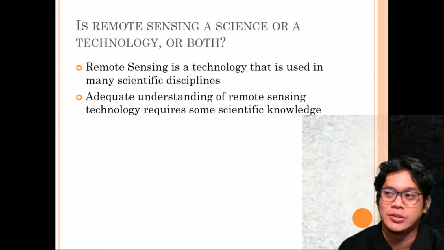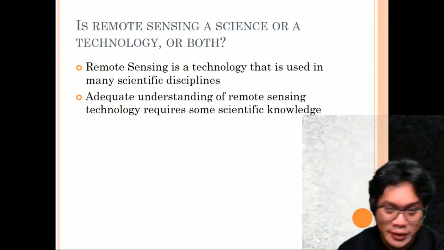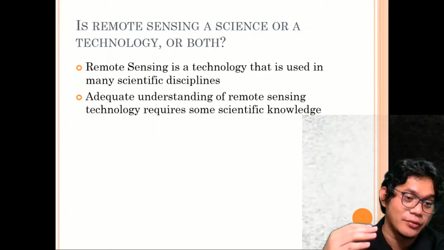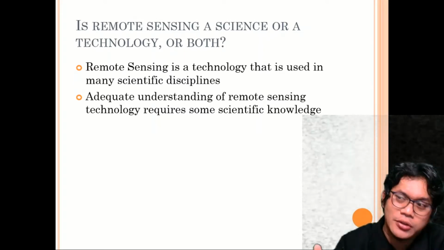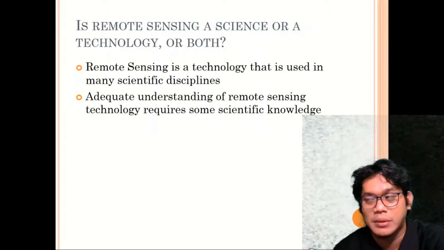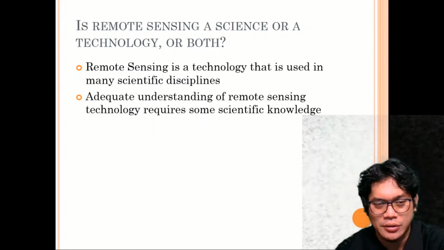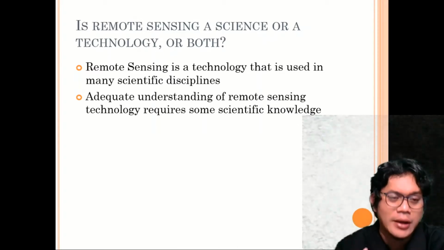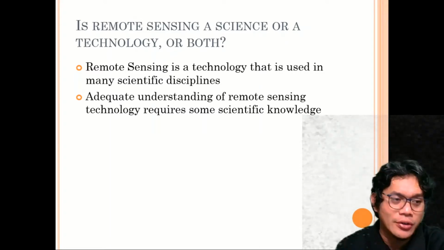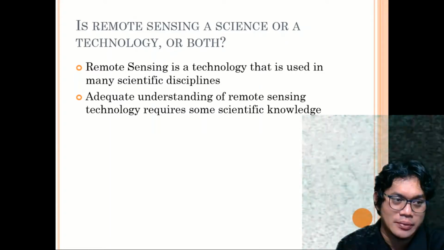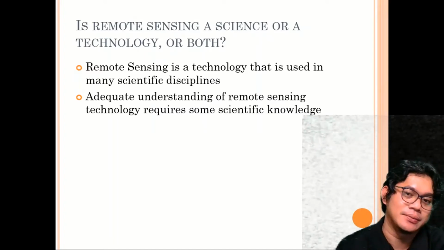Adequate understanding of remote sensing requires, I wouldn't say some, but a lot of scientific knowledge. Take an example: if you are a forestry person, or you want to do forest monitoring using aerial photos, maybe using drones or satellites, only having the pictures without proper forestry knowledge will not enable you to do the analysis.